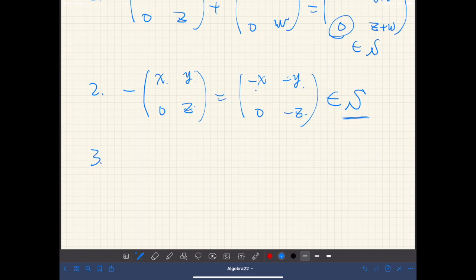And the third condition: what about the multiplication? Is this subset closed under multiplication?